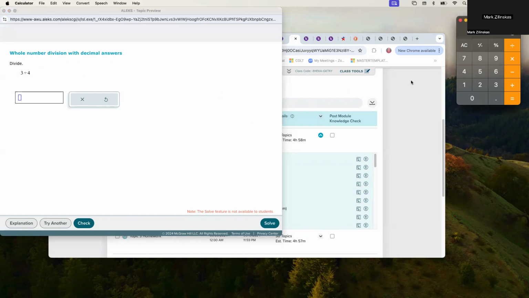I have my math calculator, but if I just quite simply take 3 divided by 4 and hit my equals here, I'm going to get 0.75. And I know you probably all wish you had the solve button like I do, but I just do that just to save time and to type that stuff in quicker.